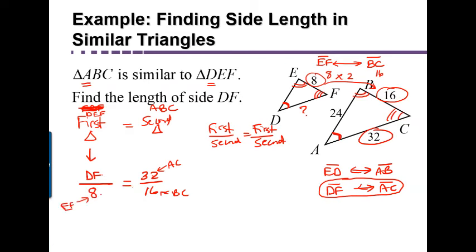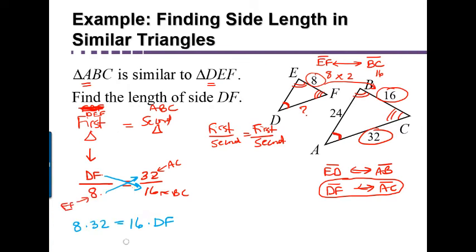And what we're going to do is a little trick called cross multiplying. When you have a proportion, you've probably seen this before, you can multiply the product of the means times the product of the extremes, it's called. So 8 times 32 has to be equal to 16 times DF. Now 8 times 32 would be 256, I believe.